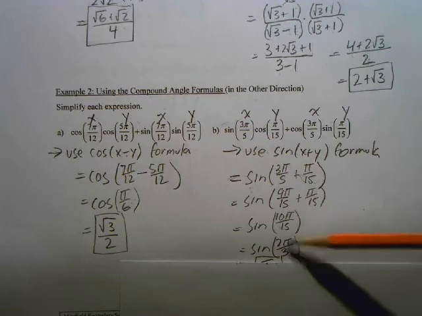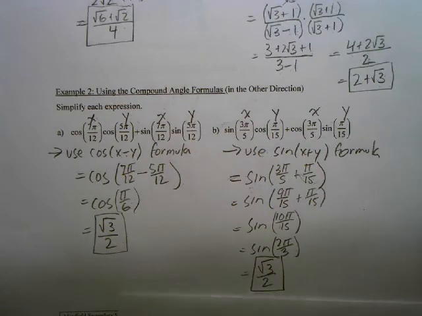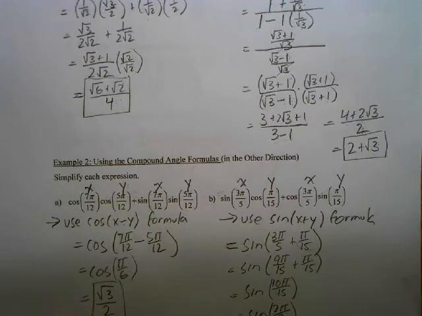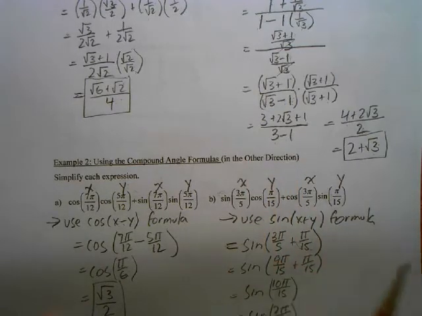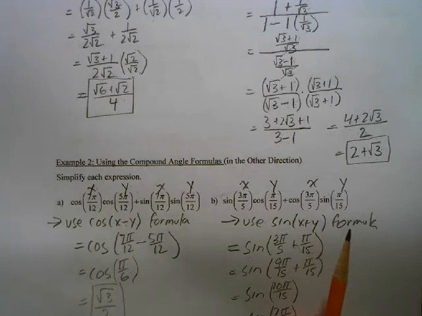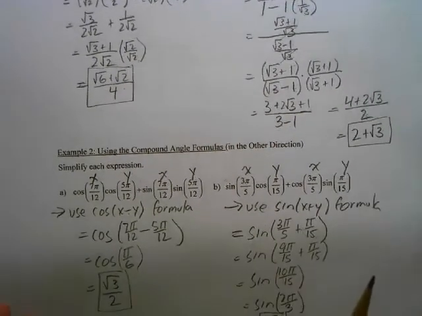I get sine of 2 pi by 3, which is from the unit circle, root 3 over 2. So that's the second way we can apply those formulas. It goes in the other direction, where we turn it into the formula with the two angles together, either added or subtracted.